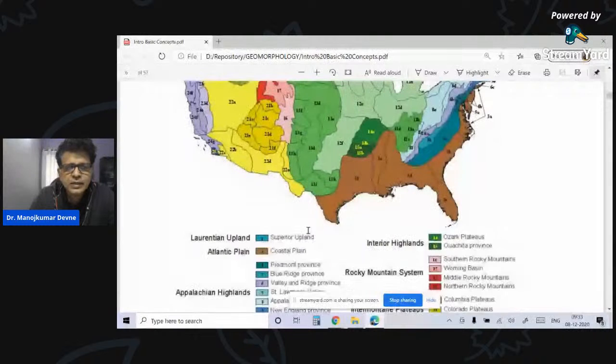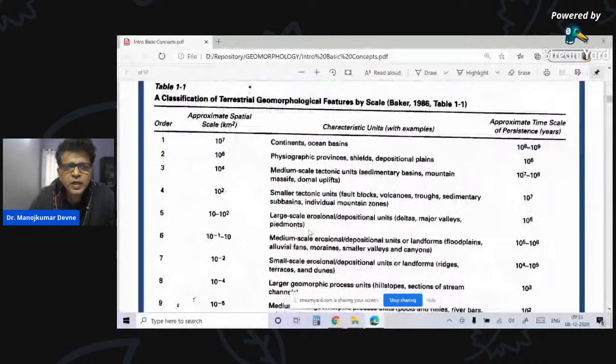We skipped this slide, and then an important slide we spoke about was the order as far as the scale of geomorphological features, both the spatial scale, that's how much space that particular landform occupies, and the temporal scale, as to what is the frequency of that particular landscape being changed, altered as such.